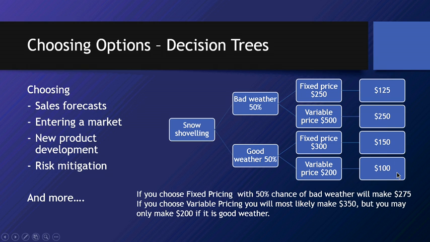We're most likely, if we do variable pricing, to make $350. However, if you do this, you have to realize that the low amount that you could end up making is the $200. But this is what's probable based on your two pricing models based on the probability of bad weather. So the decision tree shows you the probable outcome.